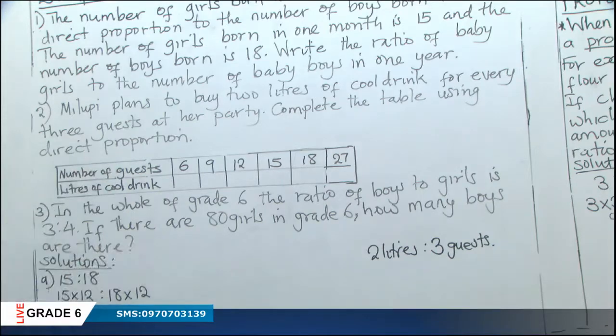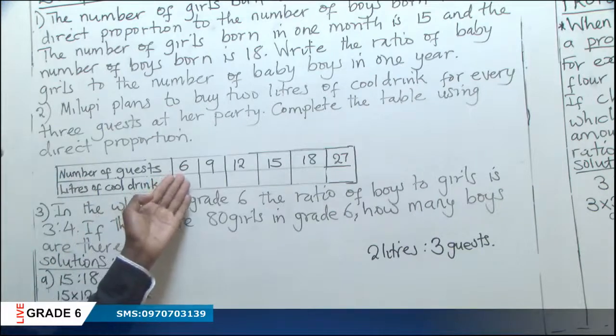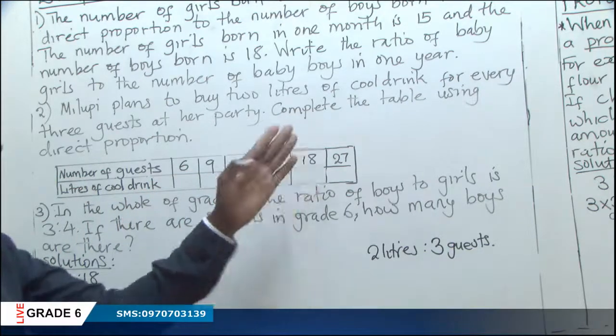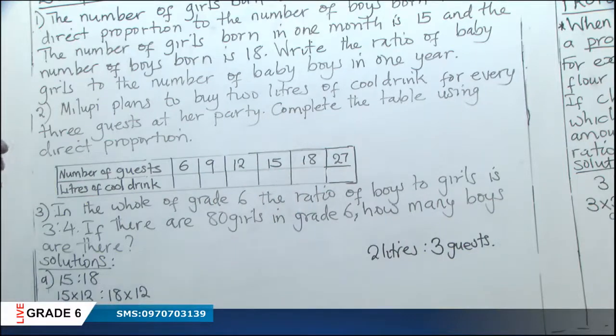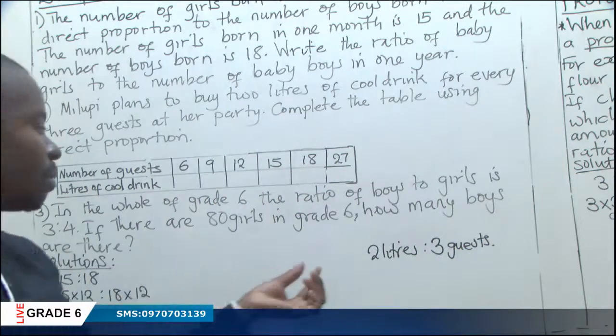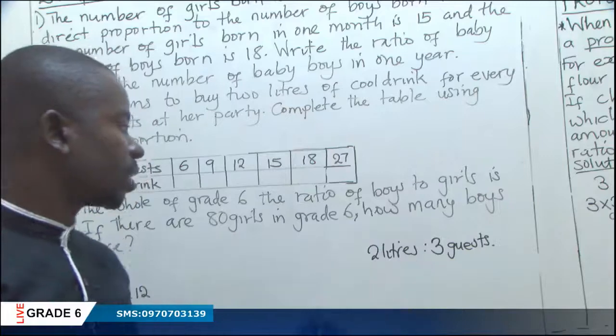So complete the table using direct proportion. For number of guests, we know that this is 6, 9, 12, 15, 18, 27. Now, for every 3 guests, Milupi plans to buy 2 liters.